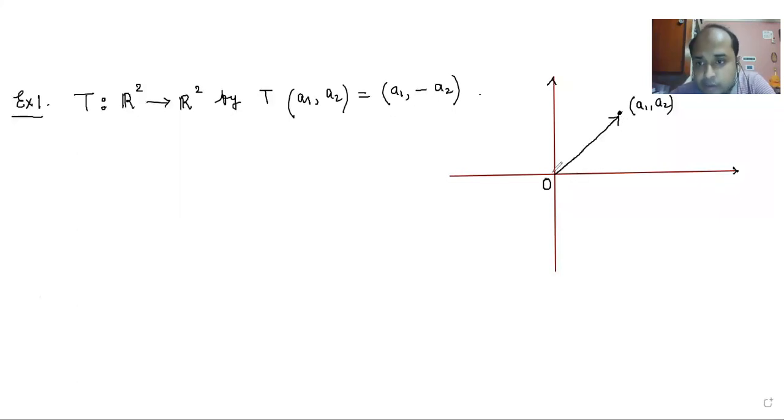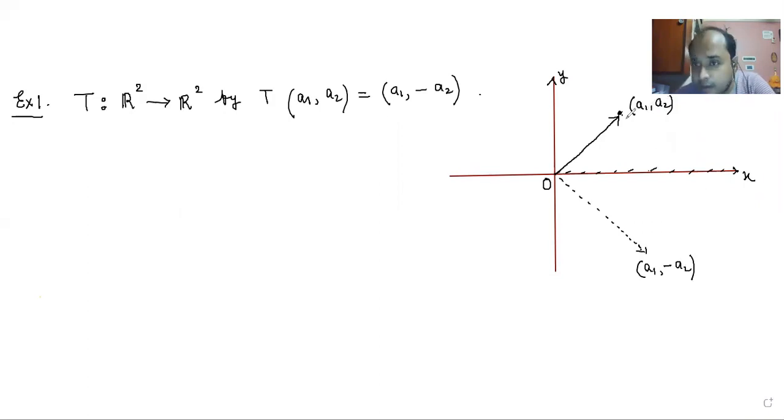Now you consider this positive direction of the x-axis to be your mirror. This is a mirror, and this particular point is standing in front of the mirror. What will happen? This point is going to see its reflection, and in this case the reflection of the point will be (a1, minus a2).